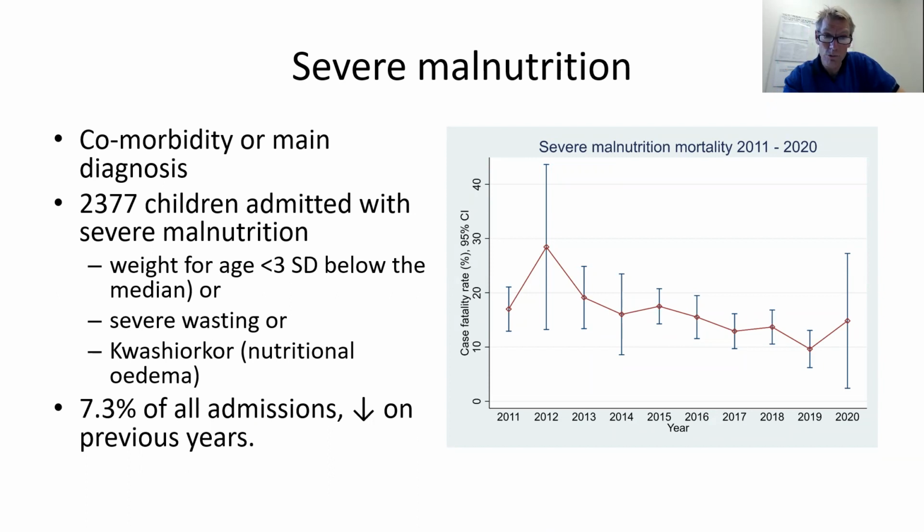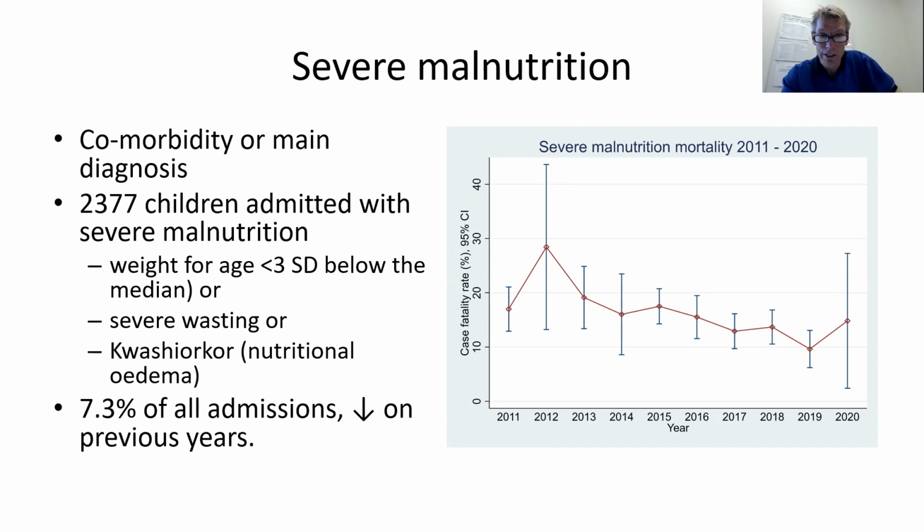Remember, that's a weight for age less than 3 standard deviations below the mean, or severe wasting, or kwashiorkor, nutritional edema. And that made up 7.3% of all admissions. And that's a lot less than in previous years. It used to be that more than 10% of all admissions had severe malnutrition, and in this last year it's down to 7%.